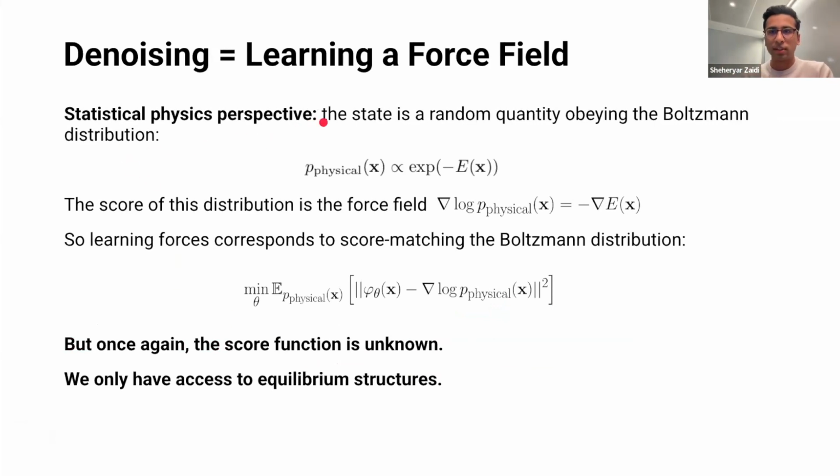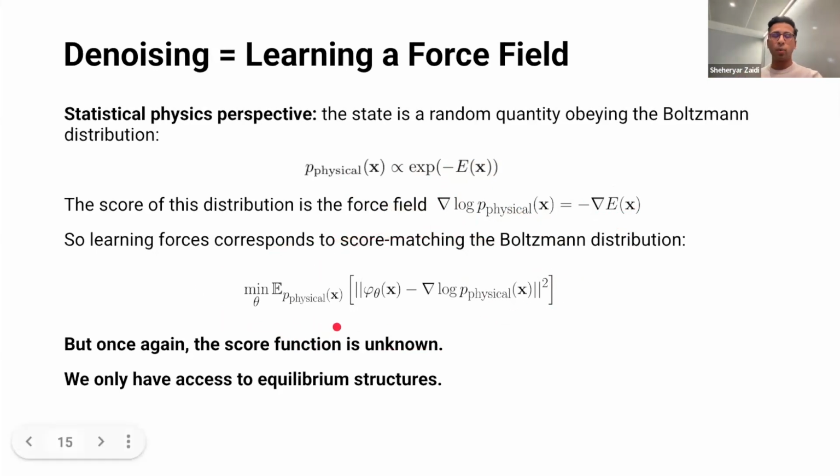Now going a bit more into detail. If you define P physical to be the distribution proportional to the exponential of minus E of X, the Boltzmann distribution, then the score function of this distribution, grad log P physical, is exactly equal to negative grad E of X, which is the forces. So learning the forces is the same as learning the score function of the Boltzmann distribution, and you can phrase learning the forces as minimizing this objective function.